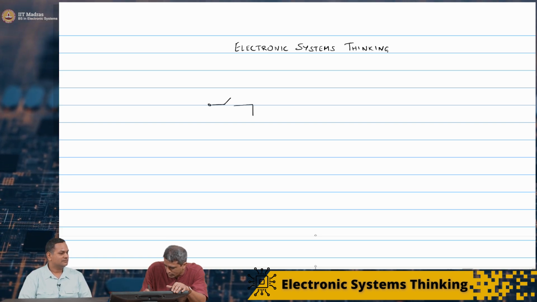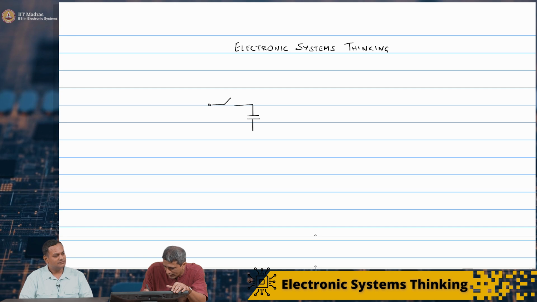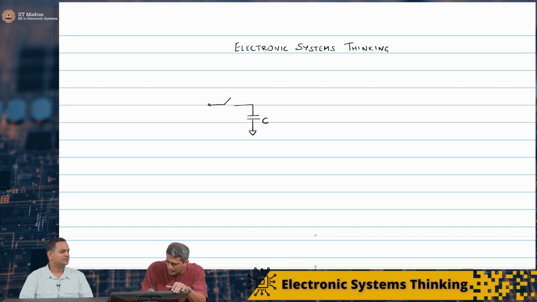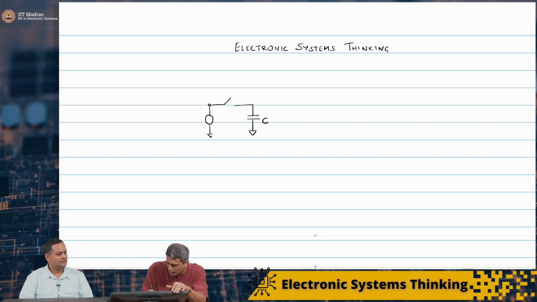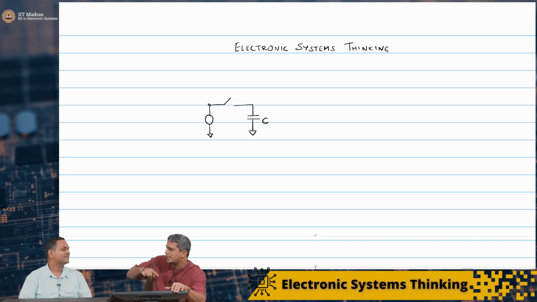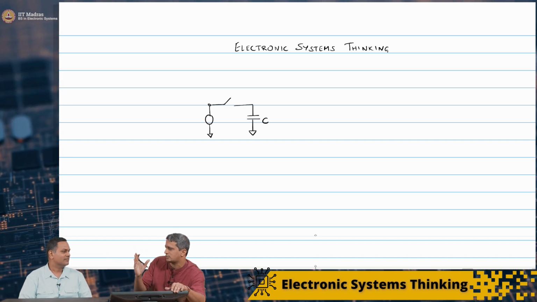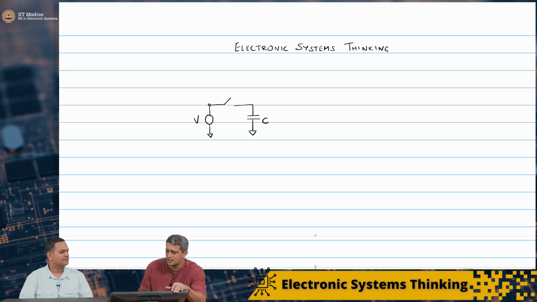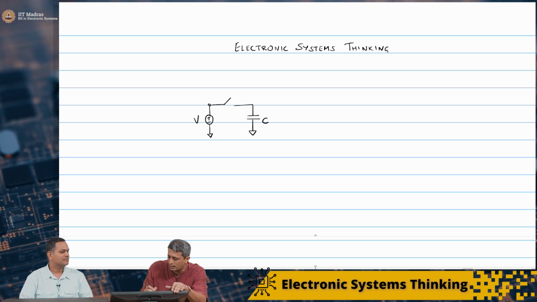So you have a switch here, and then you have a capacitor C, and let's say this is connected to the time varying signal. We viewed each discrete time sample as a DC signal. So let's assume that this is a DC signal of V volts.